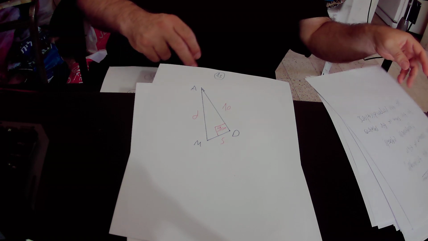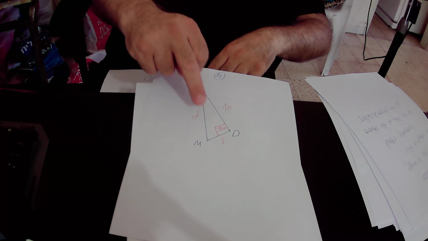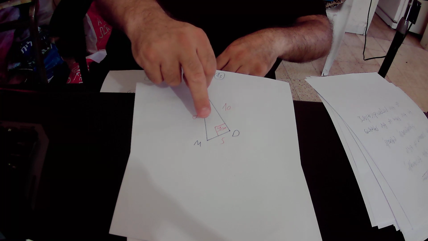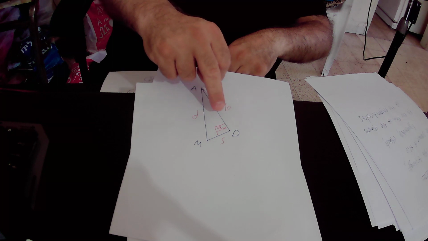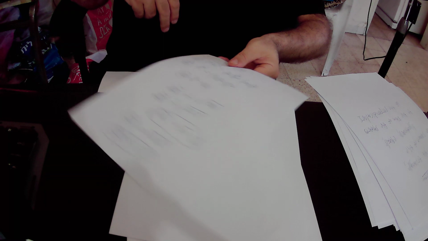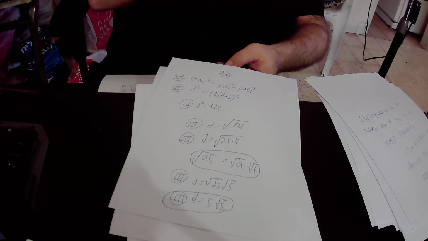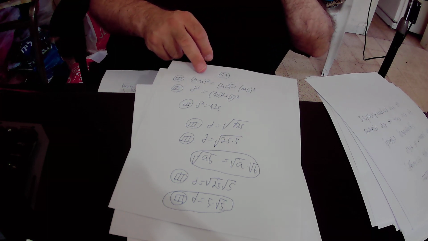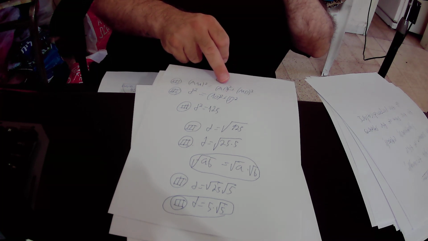So we can implement this theorem in our right triangle, and we can say that the square of the hypotenuse, AM square, equals the sum of the squares of the perpendiculars, that is, MD square plus AD square. But we know that AM equals D, so we can substitute AM by D. We know that AD equals 10 units, so we substitute AD by 10.